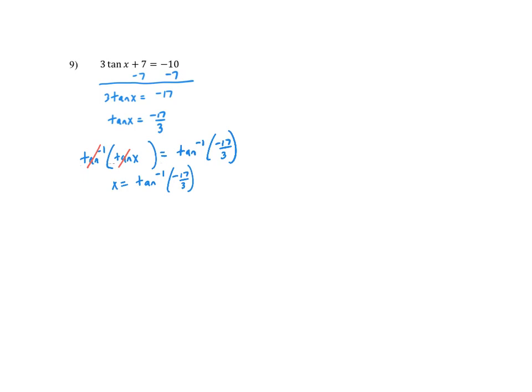Now if you plug this into your calculator directly like this, you might get something that you don't know how to work with. So that's why we're going all students take calculus. The tangent value is negative. Therefore, our solutions are in quadrant 2 and quadrant 4, because that's where the tangent values are negative.